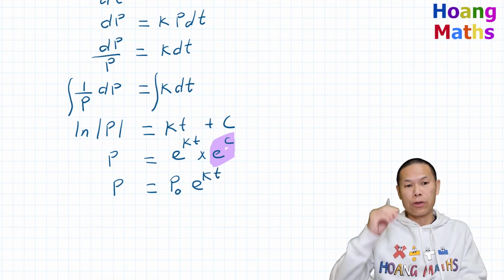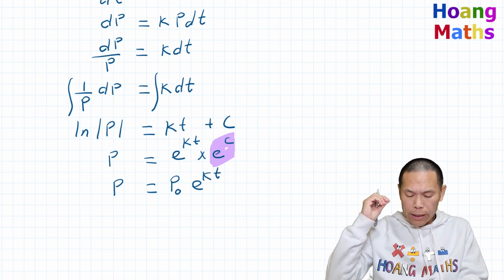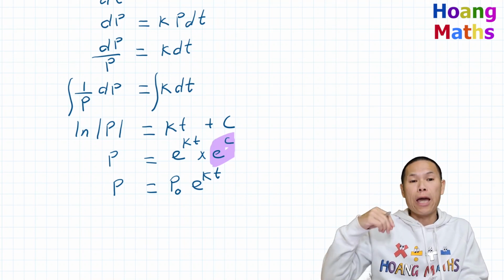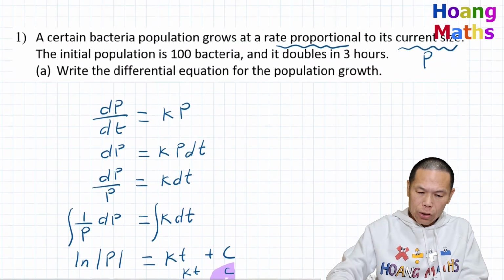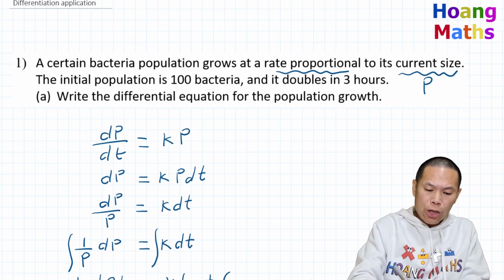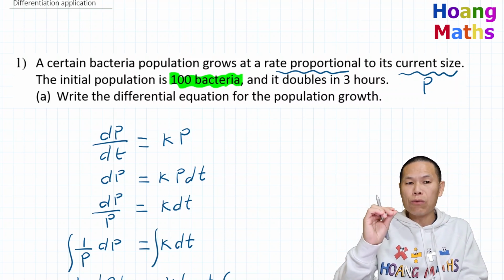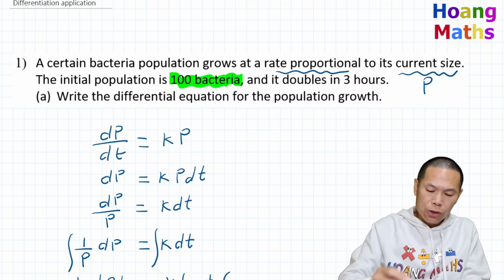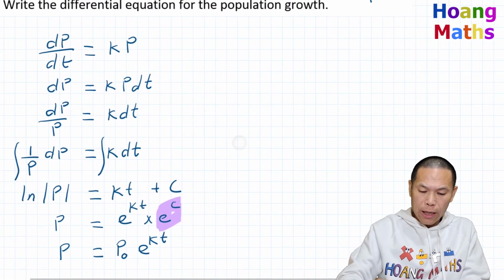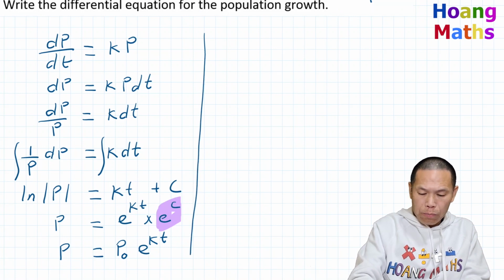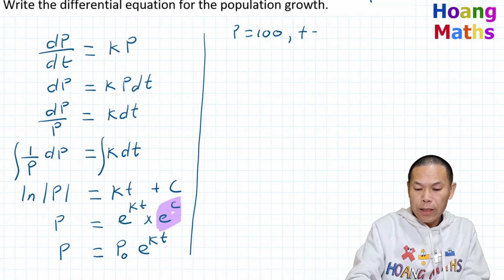So there you go. Now we need to find the initial population, P naught, and k. The condition is the initial population is 100 bacteria. In other words, when t equals 0, P is 100. So let me just write this here. P is 100 when t is 0.